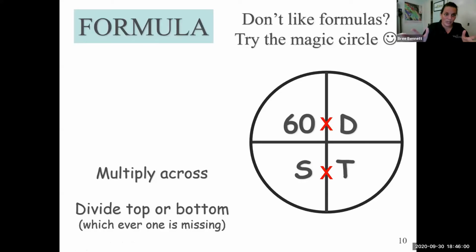I'm going to show you an example of this if it doesn't make sense. The rule is multiply across first and then divide by the remaining number to get your answer. So multiply across, then divide.